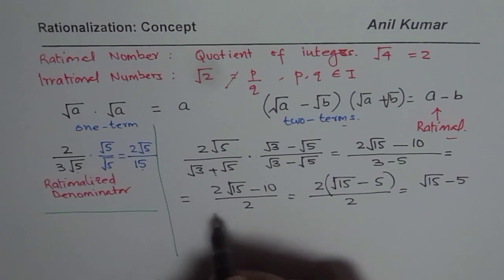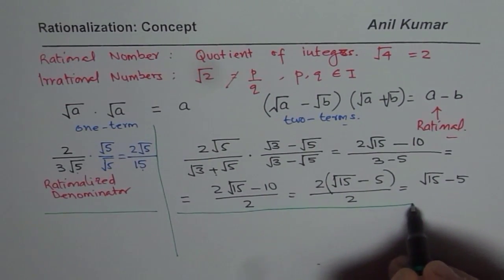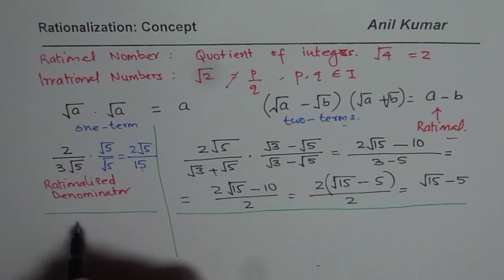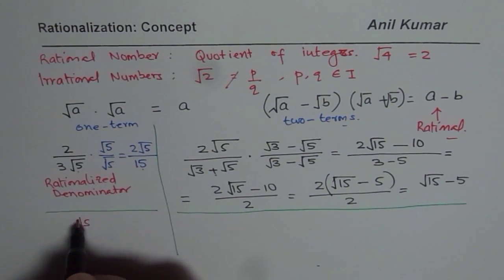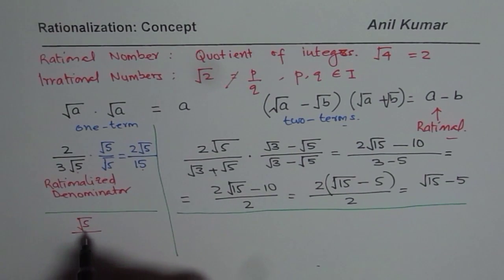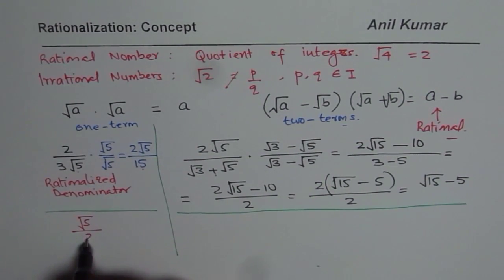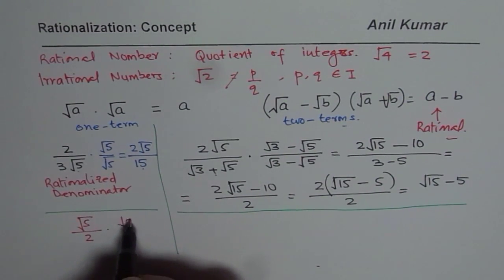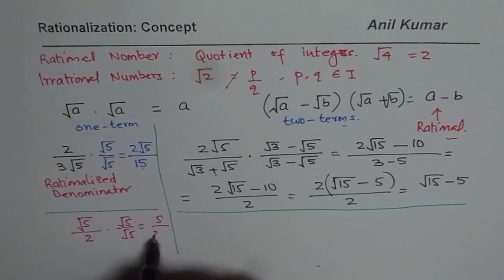Now it is important to note that there are times when we rationalize the numerator, right? For example, if I have an expression square root 5 over, let us say, 2, and I want to rationalize the numerator, I will multiply by square root 5 over square root 5 and get 5 over 2 square root 5.